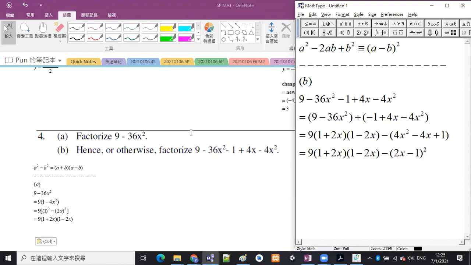I just use this identity to do the factorization here. The A is 2x and then the B is 1. Alright?